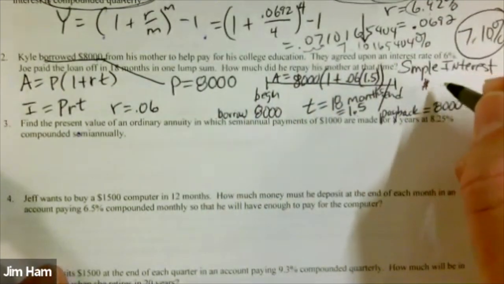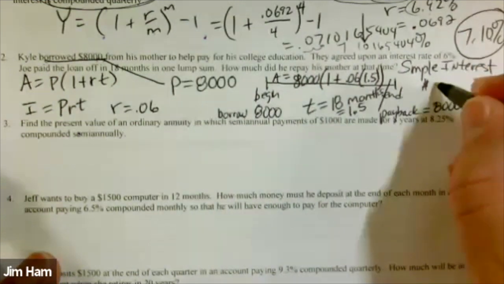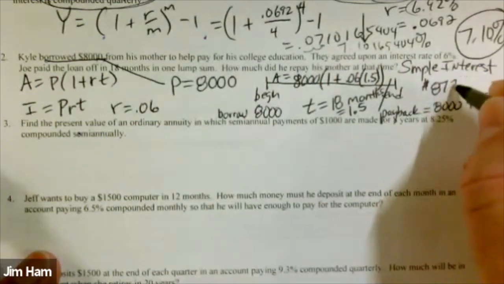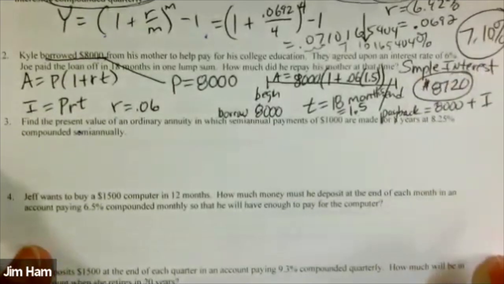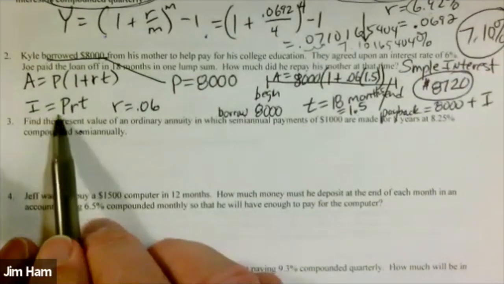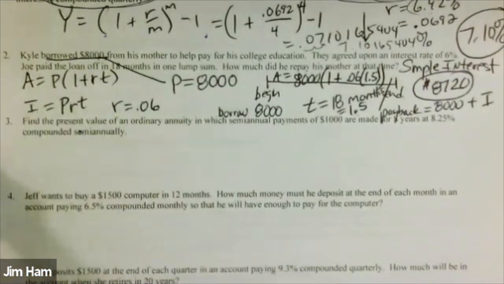And when you punch that into your calculator, you get the $8,000 plus 720 more for interest. So the interest is going to be 720, and the total payback amount would be $8,720. The $8,000 that Kyle originally borrowed from his mother, and then the $720 in interest. Both have to be paid back.